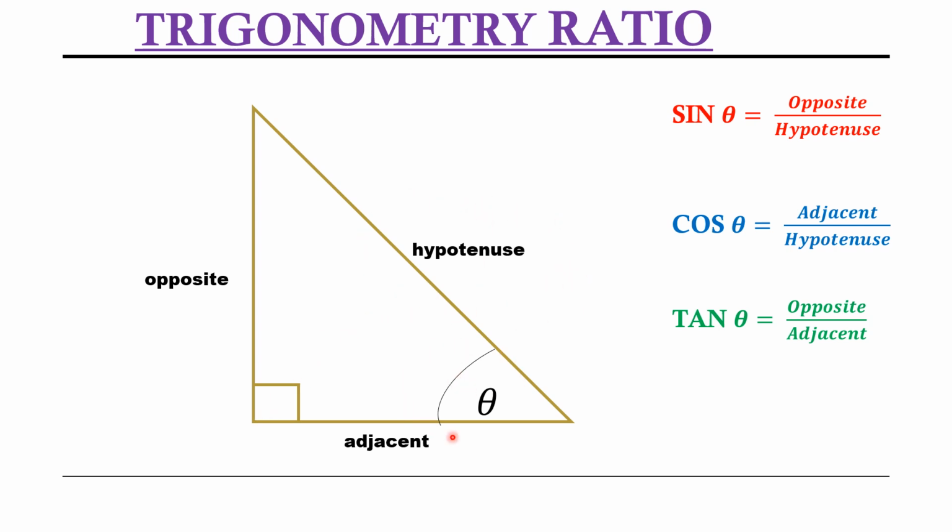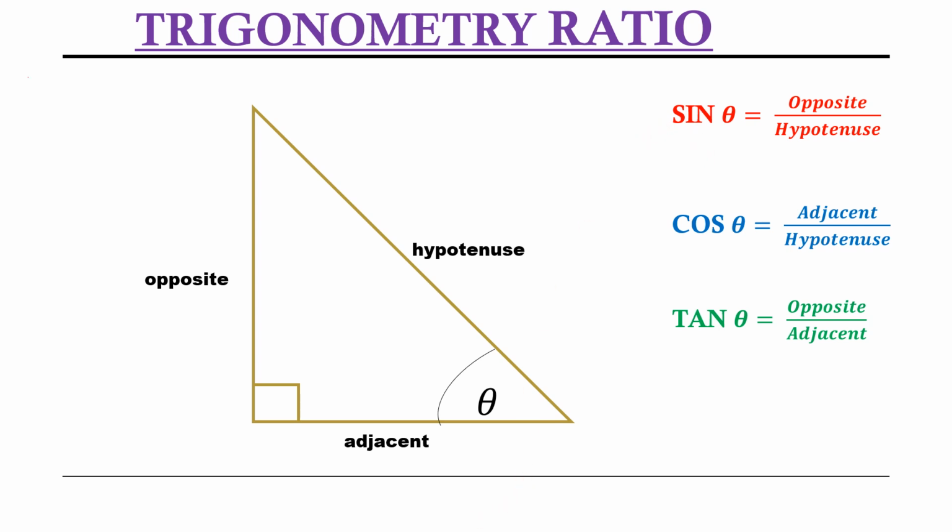Here we have our angle theta. Right next to it is adjacent, and then the last side is the opposite. So if you know for sure the hypotenuse and the adjacent, there are only three sides, so the third side is the opposite. And the rule is, well, let me write out the little code.